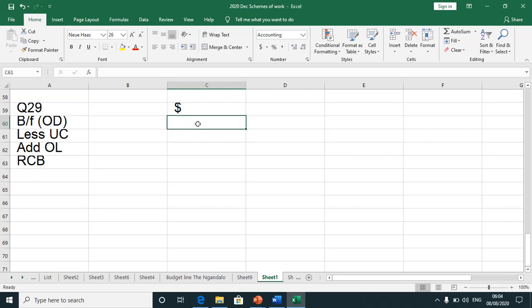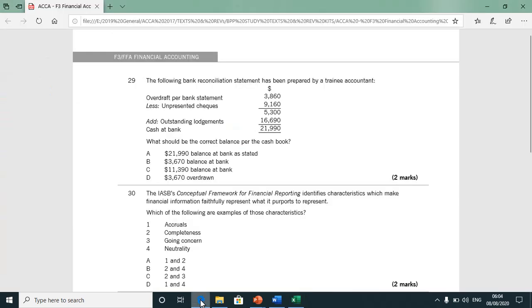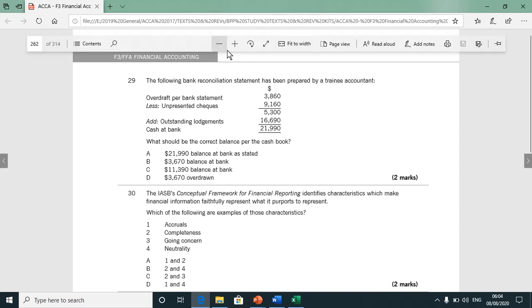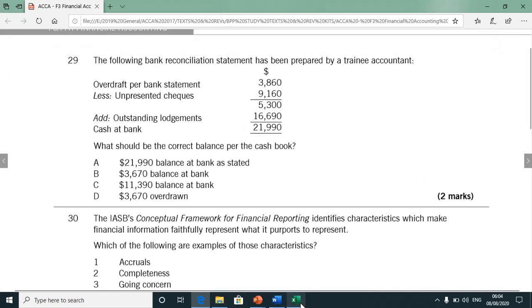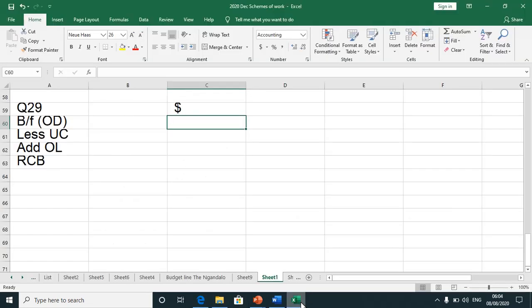Okay, so let's try to do some work. The overdrawn amount, 3860, should come in as a minus 3860.